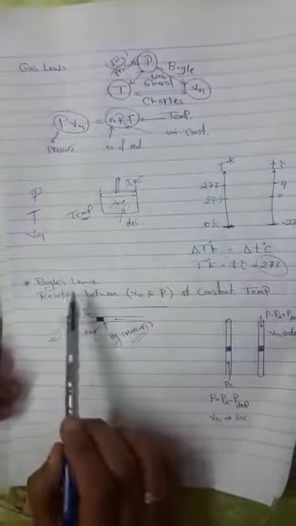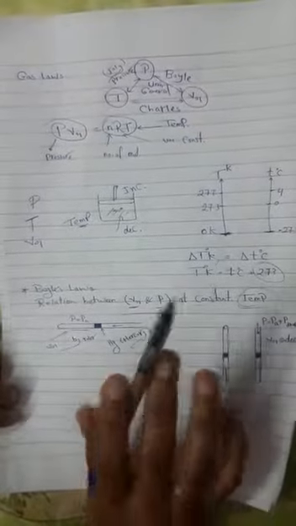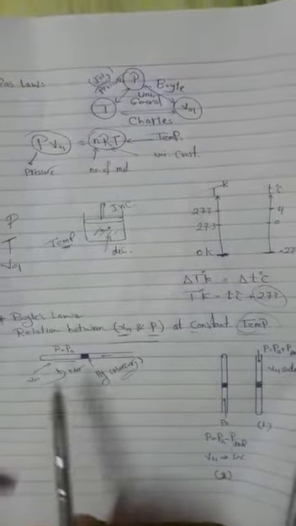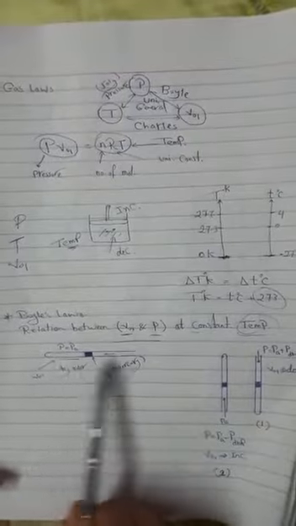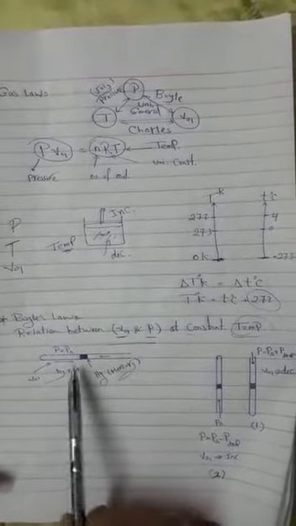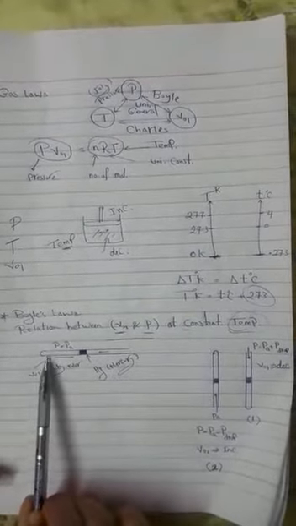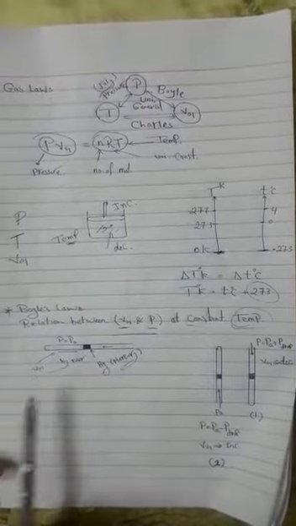Boyle's law: the relation between volume and pressure at constant temperature. In Boyle's law, we use a thin tube of enclosed gas.